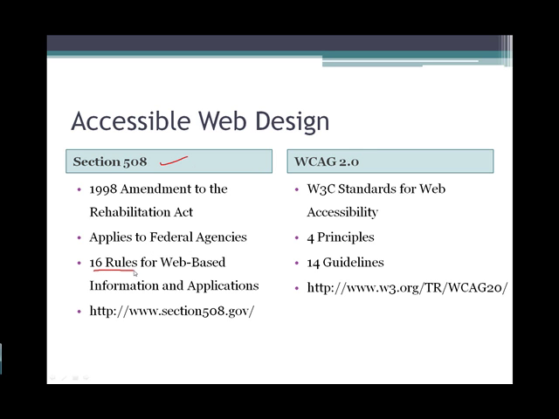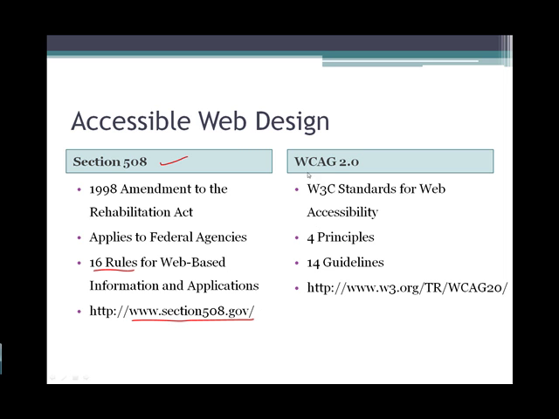But there are 16 rules for web-based information and applications, and these are located on the www.section508.gov website, and you can read all about Section 508 there. In this presentation, I'm going to go through the 16 rules and quickly explain the gist of what they're about.